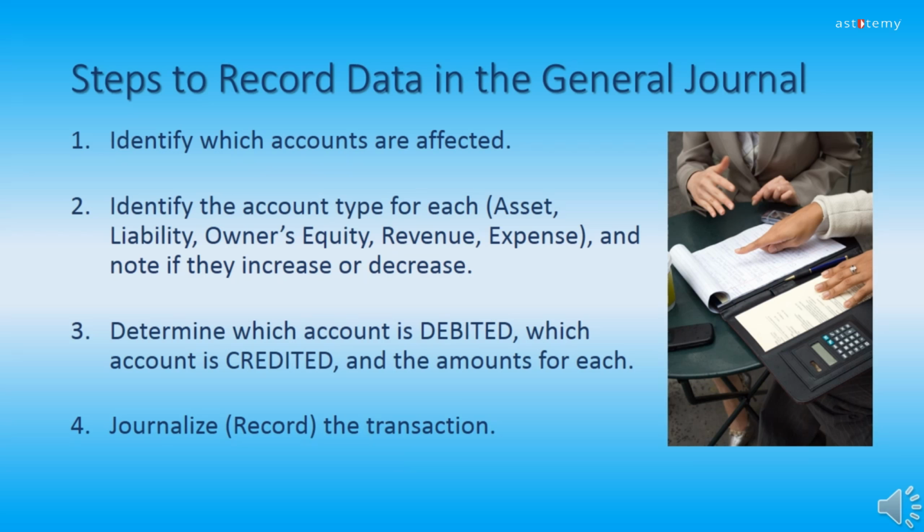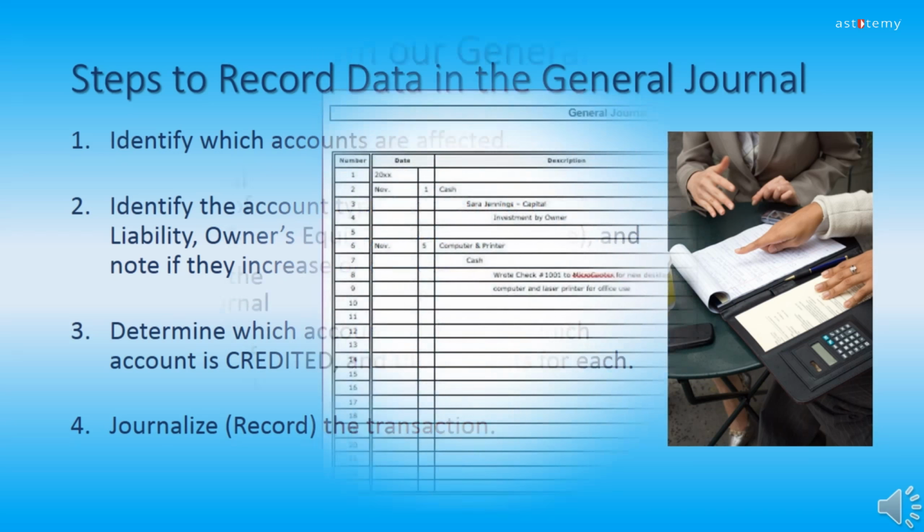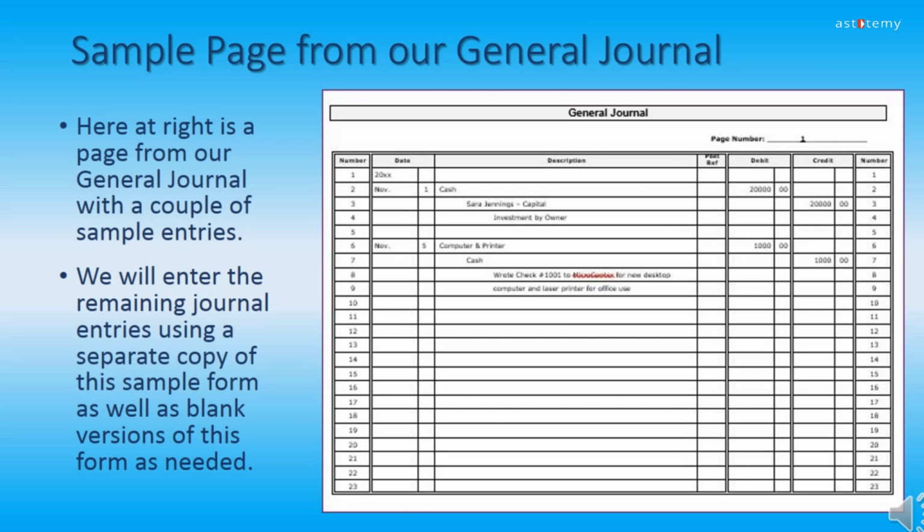The next 3 slides get into the discussion of the General Journal and how to fill out the General Journal forms. Please refer to the first page in your handout for this discussion. Here at right on the slide, as well as on the second page of your handout, is a sample page from our General Journal.